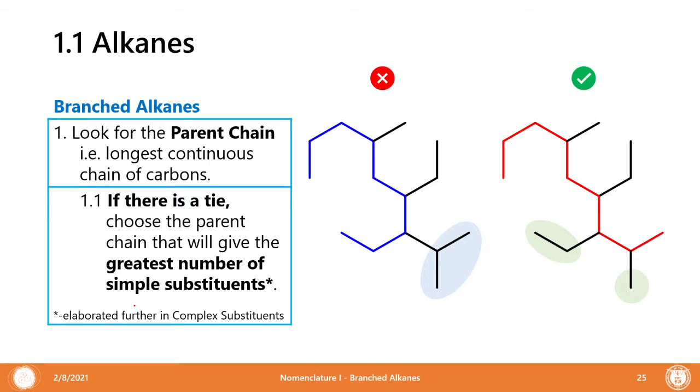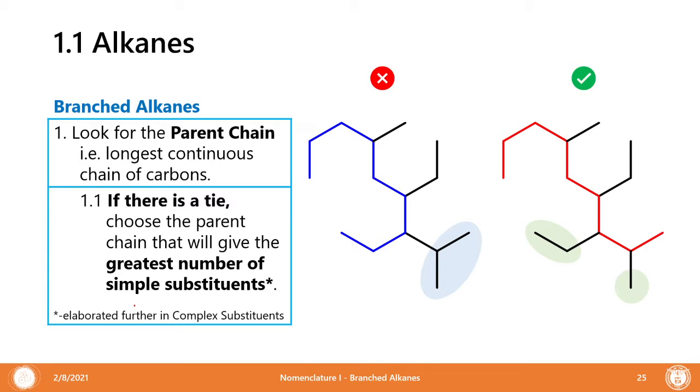Now in determining the parent chain, make sure that you are able to consider all the possible parent chains. Sometimes you can find two equally lengthy parent chains, and so you may encounter a tie. If there is a tie, what you want to do is choose the parent chain that will give the greatest number of simple substituents.